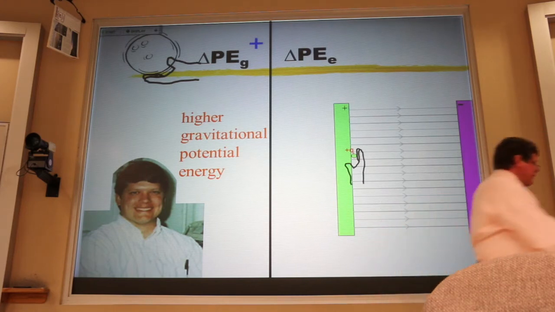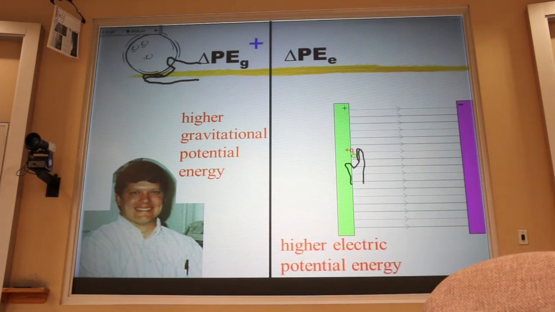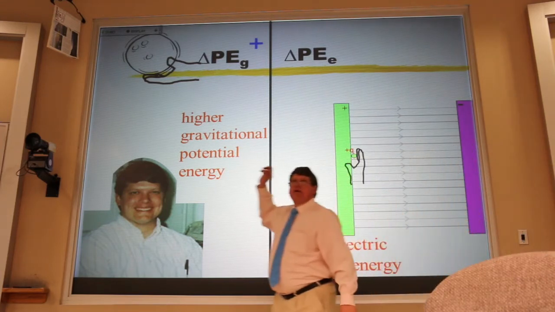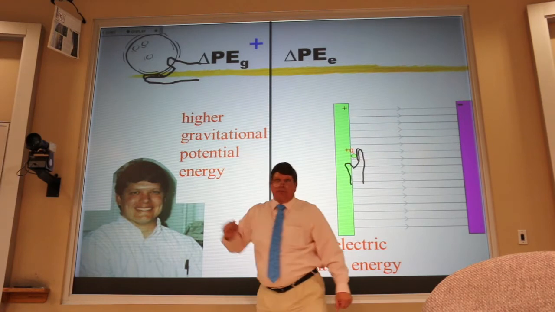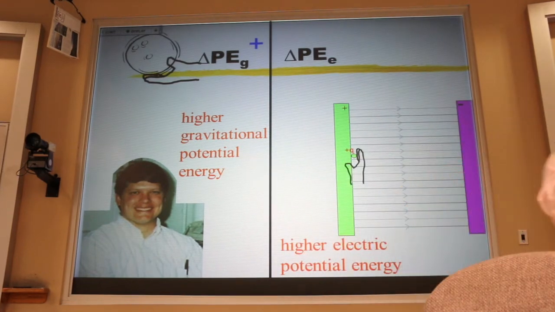And by doing that positive work, I'm storing energy. In this case, I'm cocking an electric spring. In this case, I'm cocking a gravitational spring. But either way, I'm cocking a spring. I'm storing energy. Okay? The change in electric potential energy would be positive. Now, what happens when I let them go?